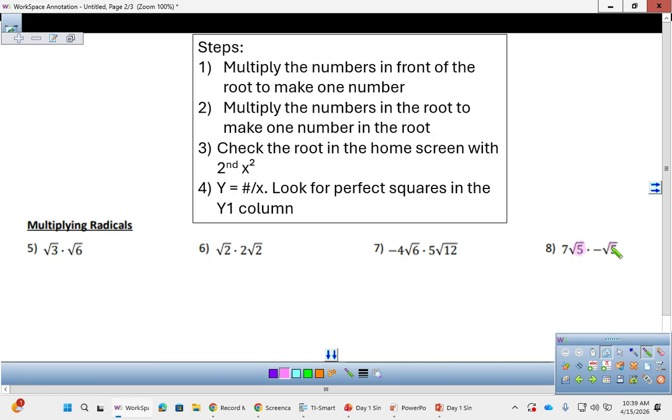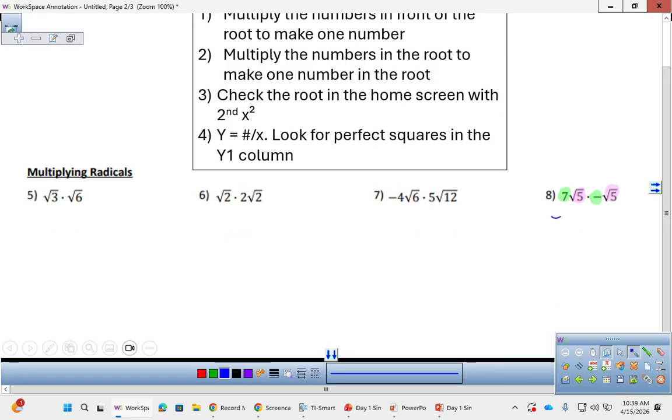So I'm going to do these. And even though this is just a minus sign, it's kind of like a -1. So I am going to multiply -1 times 7. So -1 times 7 is going to make the coefficient in the front be -7. And √5 times √5 is √25. So this becomes -7 times 5, or -35.